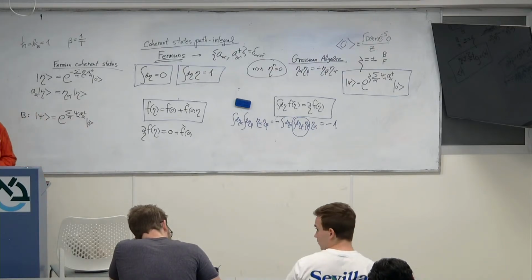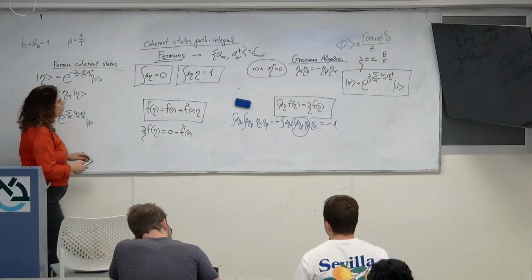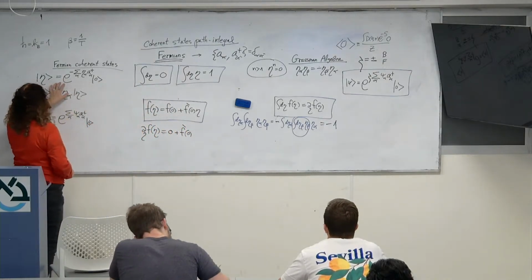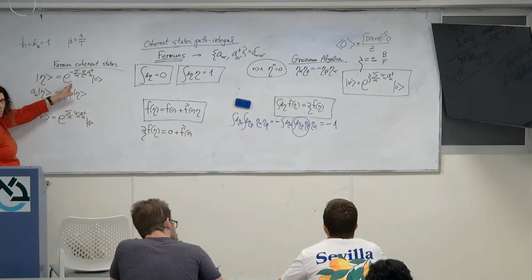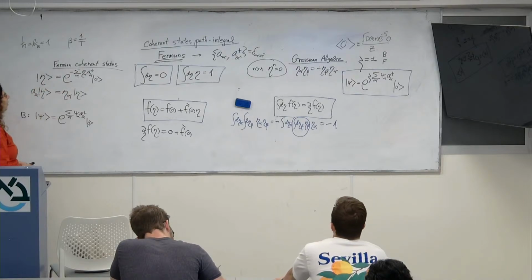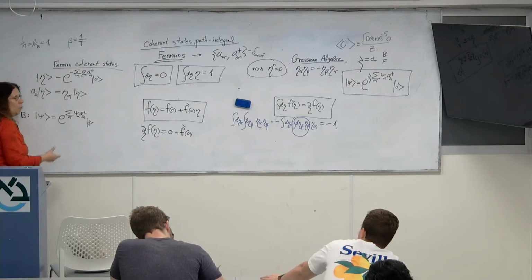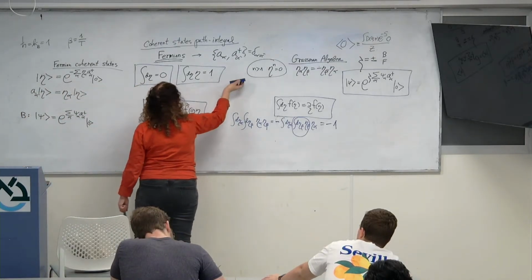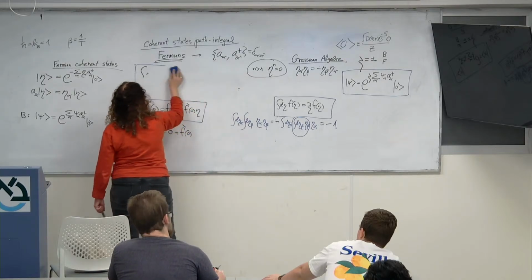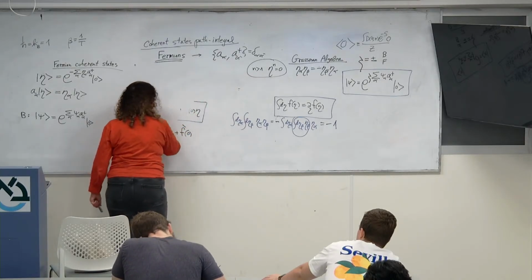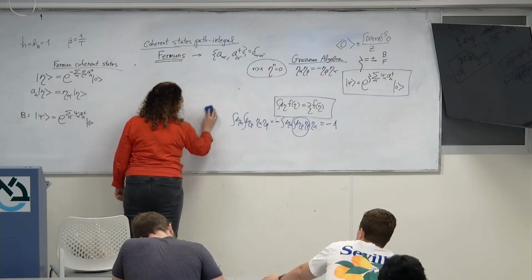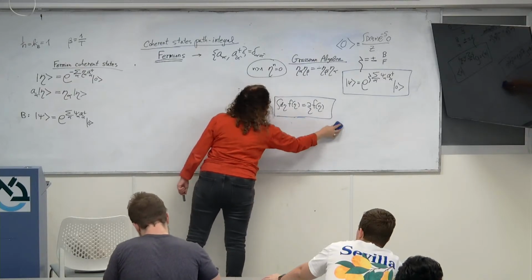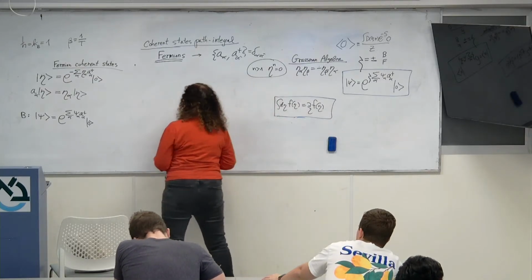Let us write the conjugate. So what I wrote here is the state, the bra state. I want to take the conjugate of this. With your permission, I'm erasing this. Okay.